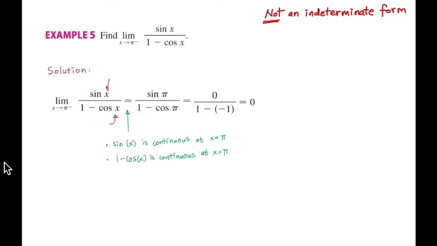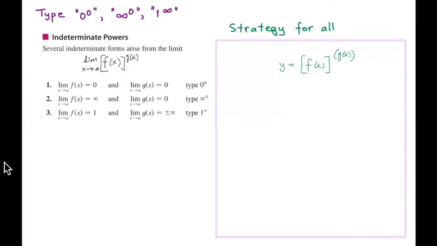So then I will just have 0 over 2, which is 0. So that is this limit. And if you had tried to use L'Hopital's rule without checking the condition, you would have gotten a different answer, which is not 0.